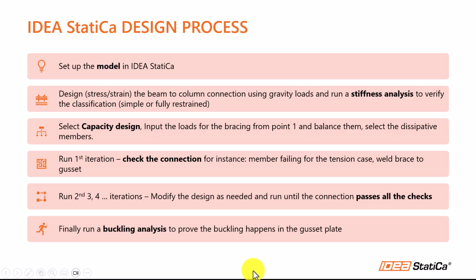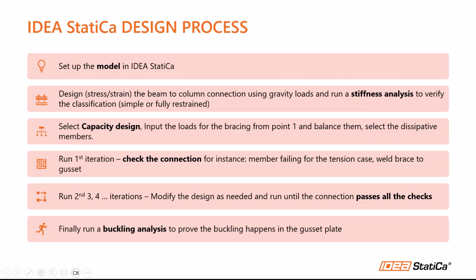The second part of that step is to run a stiffness analysis to verify the classification, if it's a simple or fully restrained. This is important when you select, for instance, a simple connection option for your SCBF, right? So that can verify that you have rotations on your beam to column connection.